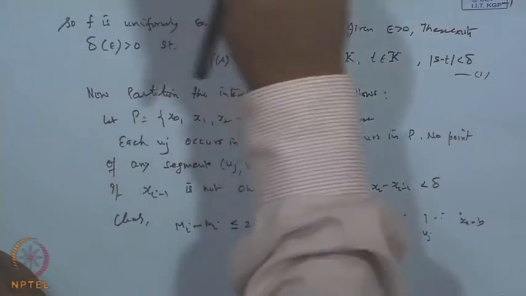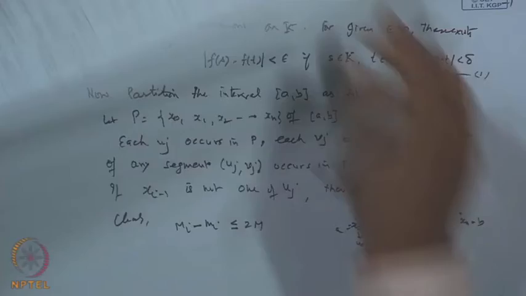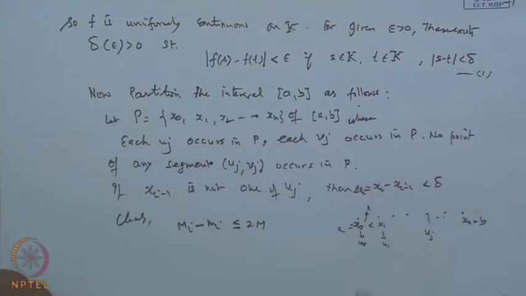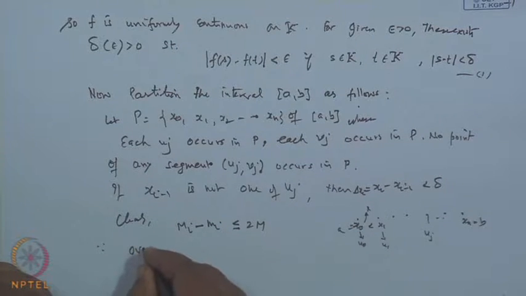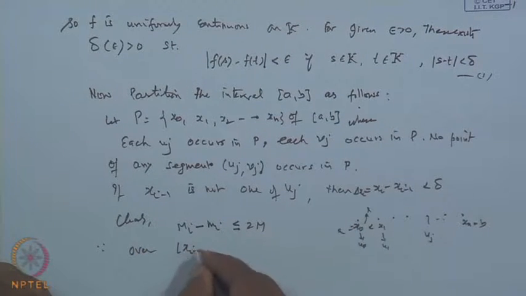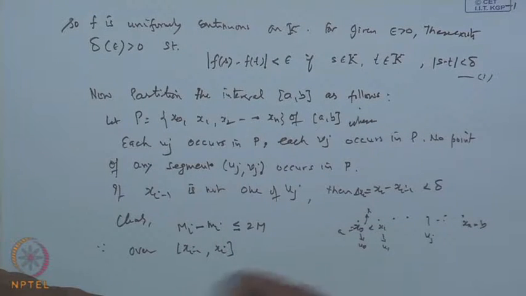M is the supremum value we have chosen, the supremum value of our interval. So, if I consider the interval from x_i minus 1 to x_i, the minimum value of the function is mi, the supremum value is Mi.